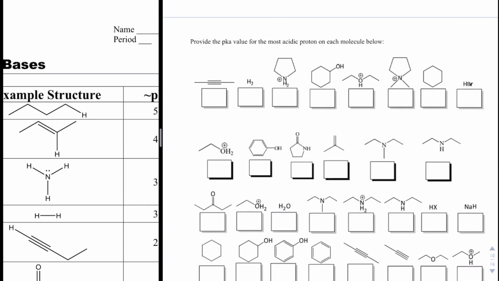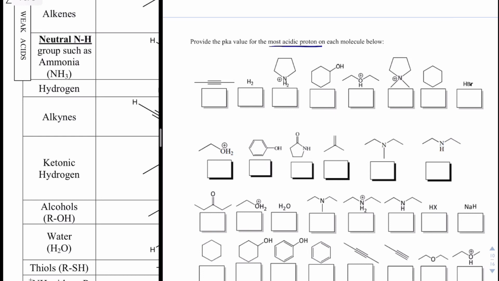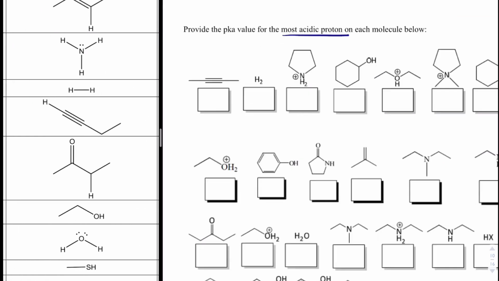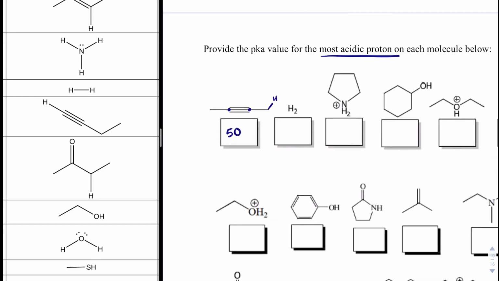Okay, so what I'm going to do is I want to find the most acidic proton here. In this first one, I see a triple bond, and I might be thinking alkyne, and that's not a bad thought. However, there's no H's actually on either of these carbons, and so I have to go to the next carbon. This would be 50 because that's just an alkane.